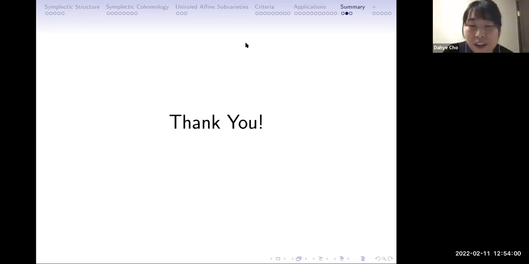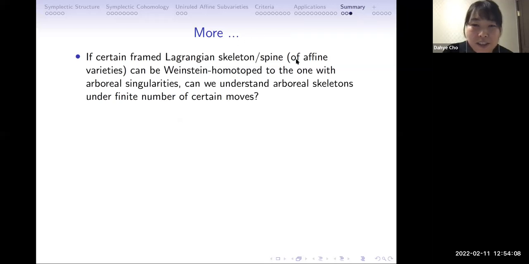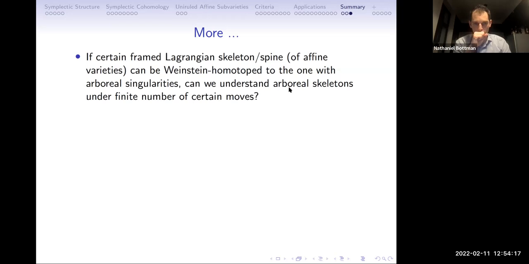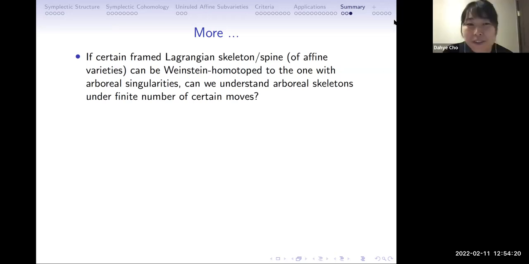I forgot, I added a very last-minute slide. I'm not sure this makes sense, it's just a very vague thought. People are interested in classifying minimal models, so we detect the uniruled subvariety and have a flow back to a skeleton.